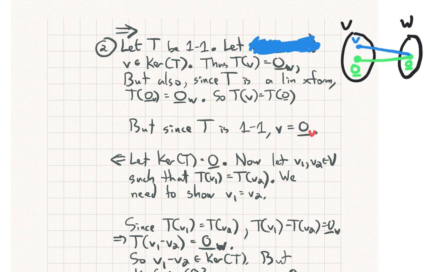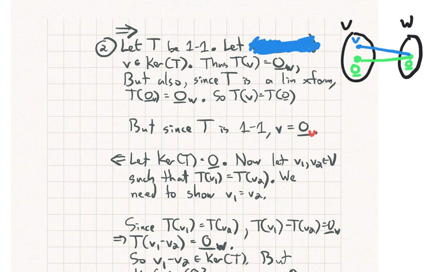Okay, so what we're going to do is we want to show that T is 1 to 1. So we're going to pick two vectors, V1 and V2. That might be the same vector, but might not be. But we definitely know that we're picking them so that they get transformed to the same thing.